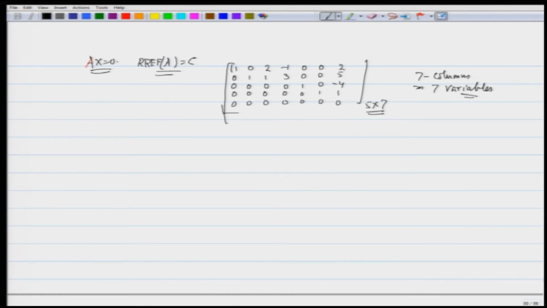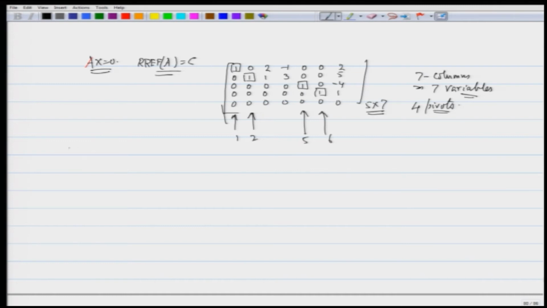What are the pivots? This is a pivot, this is a pivot, this is a pivot, this is a pivot. 4 pivots, all right. And if you look at the pivots, they are in the first column, second column, fifth and sixth.